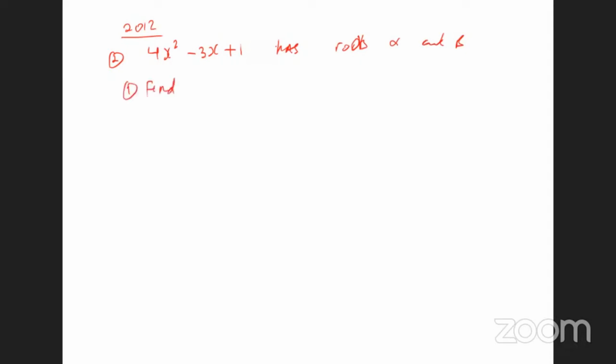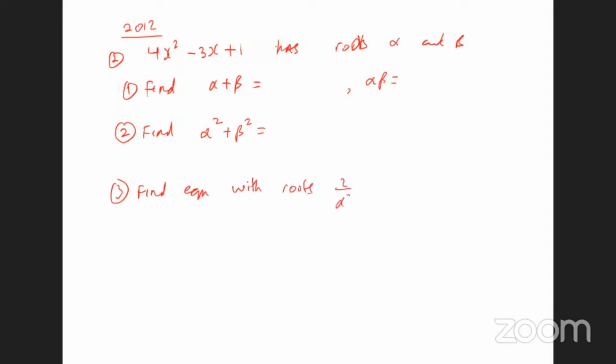They would like you to find alpha plus beta and alpha by beta. Second thing, they want you to find alpha squared plus beta squared. And third thing, that's probably the hardest part, find the quadratic. Right? Take your time, find each part, and then let's work it out, right?